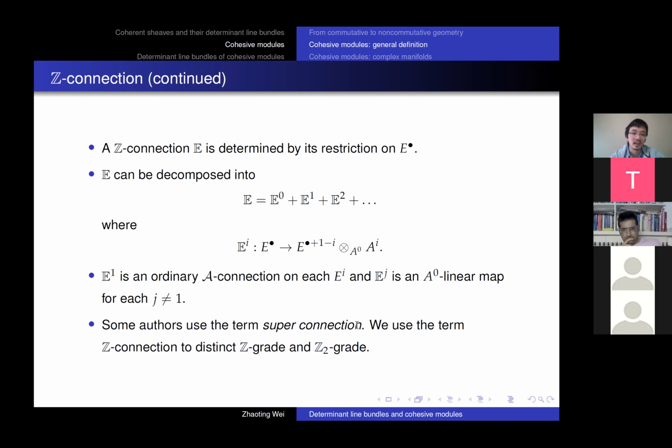And all Ej are A0 linear except the E1. E1 is an ordinary connection. Some authors use the term super connection, and we use the term Z connection to distinguish Z-graded from Z2-graded.